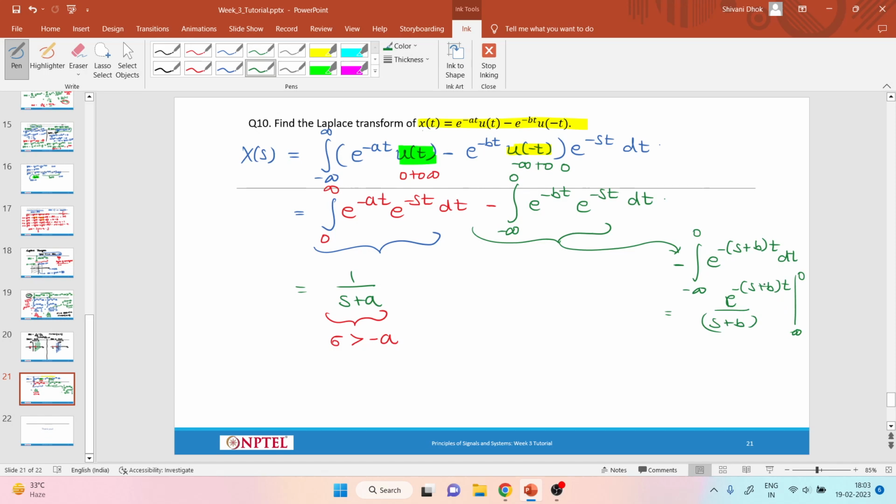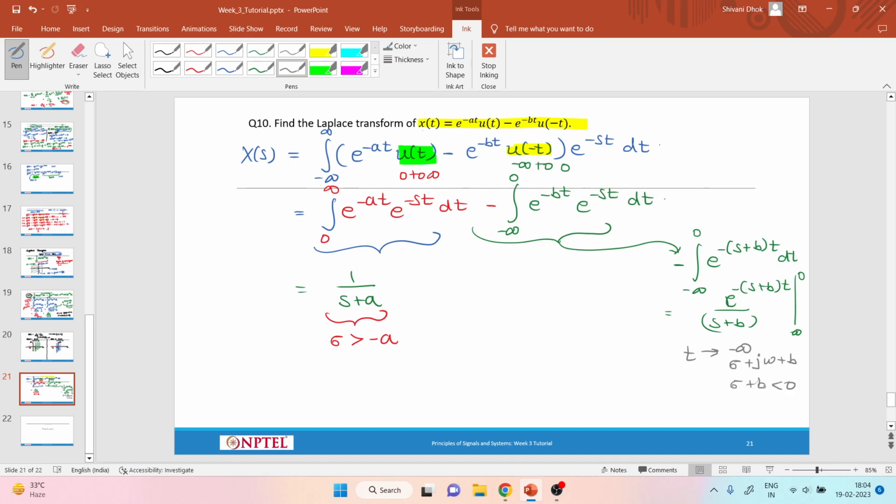At t tending to minus infinity, with s equal to sigma plus j omega, sigma plus b should be less than 0.